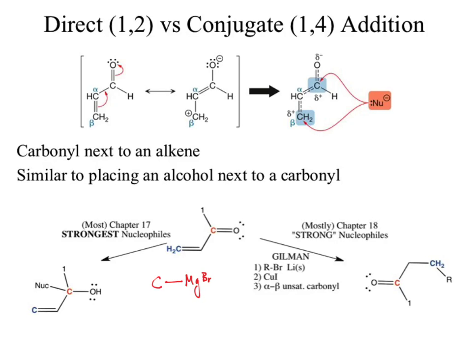So when I look at the bond between carbon and magnesium, carbon being more electronegative than magnesium does what to those electrons? Takes them away. Meaning the carbon becomes very negative. What is the R group connected to in the Gilman reagent? If it's connected to the bromine, what charge is the R group? It's positive because bromine is more electronegative than carbon.